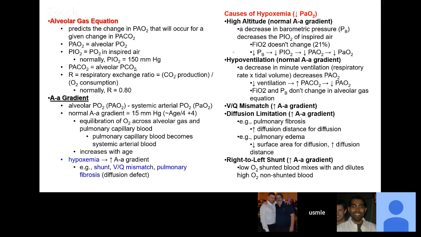So this is why it's a limitation, and this is why the gradient between the alveoli and the arterial is going to increase.